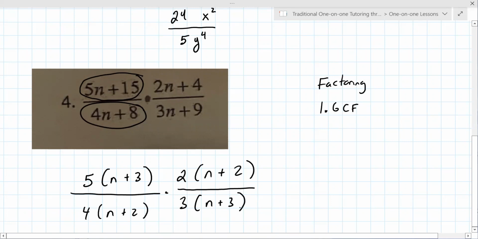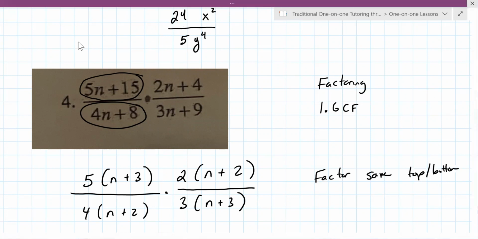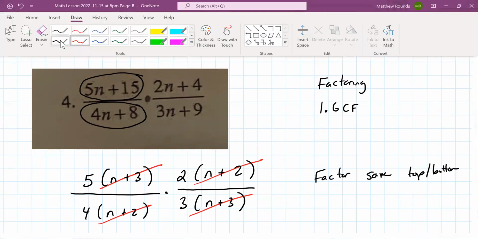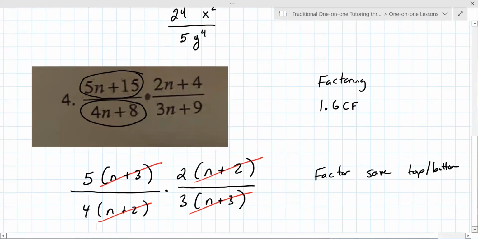And you make some cancellations. So you did this in problems 2 and 3. If the factor is the same on the top and the bottom, you can cancel. So that n plus 3 cancels with that n plus 3, the n plus 2 cancels with the n plus 2. And then what's left over, you multiply on top and multiply on the bottom.